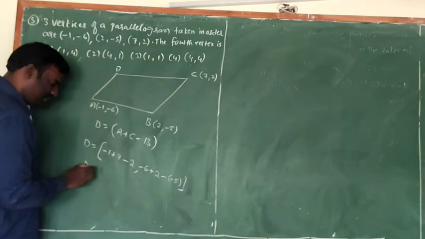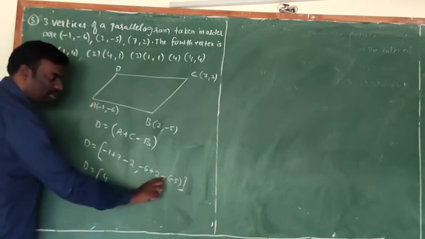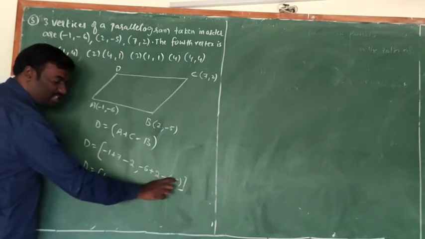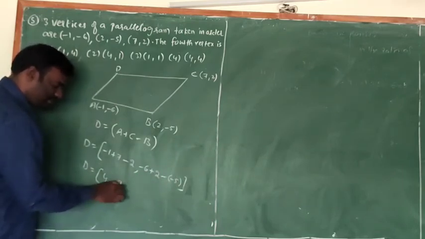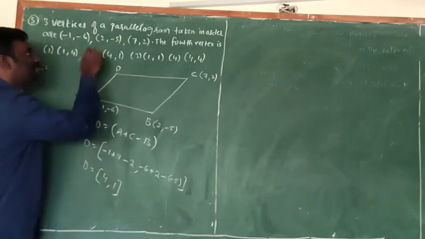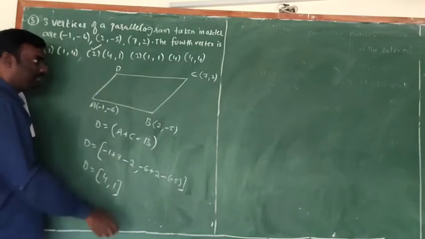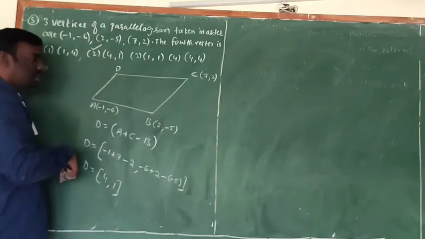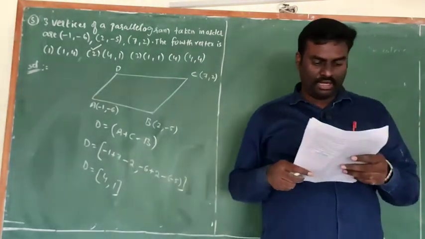Now simplify. 7 minus 3, that is 4. Now this minus of -5 plus 5, 5 plus 2, 7, 7 minus 6, 1. Then the fourth vertex is 4 comma 1, that is nothing but option 2 is the correct answer for this. Okay, next.